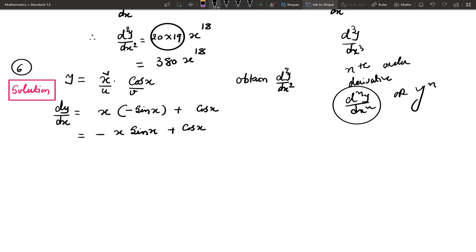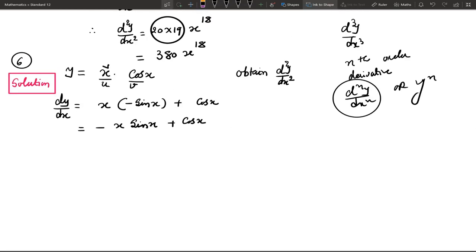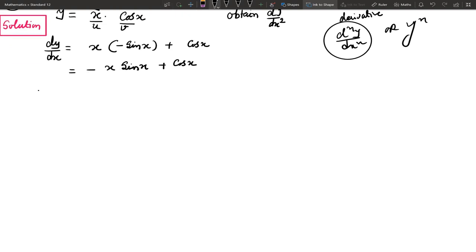So to evaluate second order derivative, again we differentiate. Therefore d2y by dx2, it is nothing but d by dx of dy by dx. So put value of dy by dx.